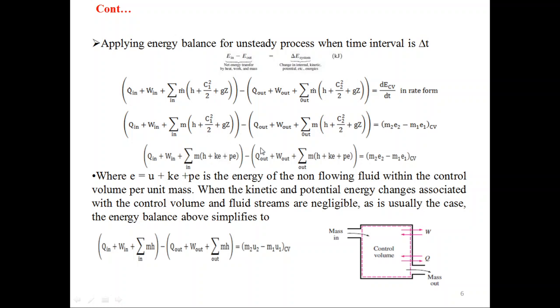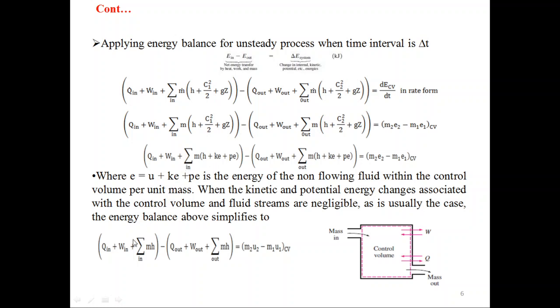That means these quantities will be eliminated, because if you do in minus out, that will be a negligible change. So we can eliminate this quantity and this one. And also if you put the value of e in this equation, you can eliminate this quantity too, because it has the difference of final minus initial value. Again the change is negligible, so it will be eliminated.